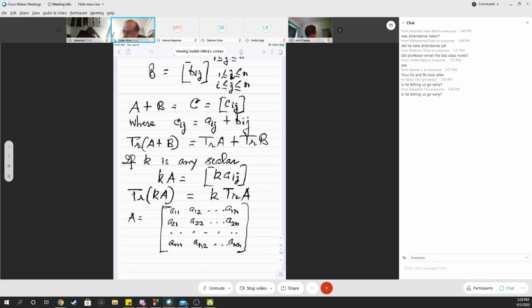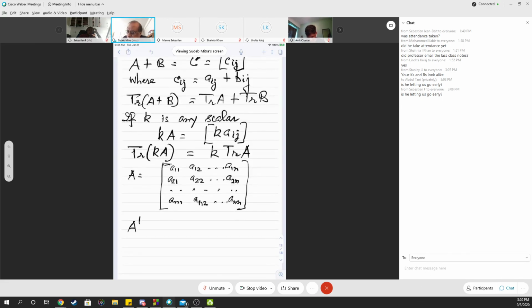Now, what is the transpose of A? The columns become rows, right? A11, A12, A1n. A21, second row becomes second column, A22, A2n.